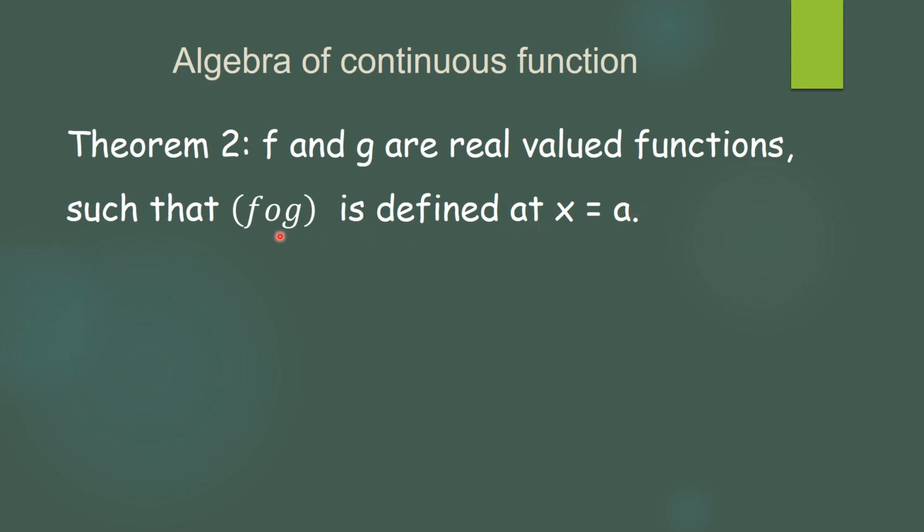Defined means it exists. To exist, this is f over g. It means first we are going to simplify the function g, and whatever value we get from g, we are going to substitute into the function f of x, and that is called fog. And to exist, the range of g must be equal to the domain of the function f. If you are getting confused, just go and revise what you have studied in the 11th standard.